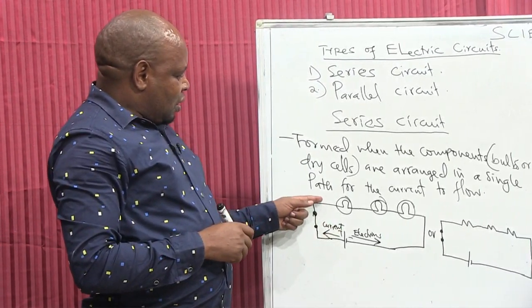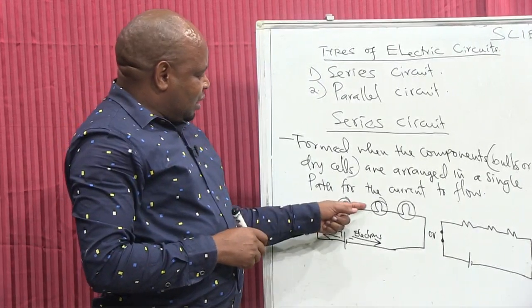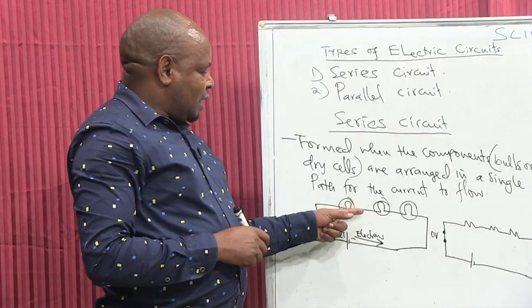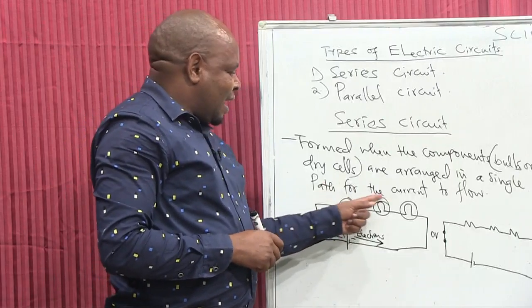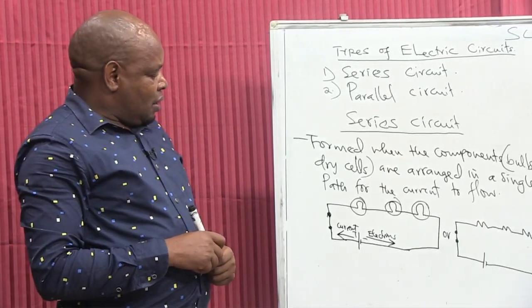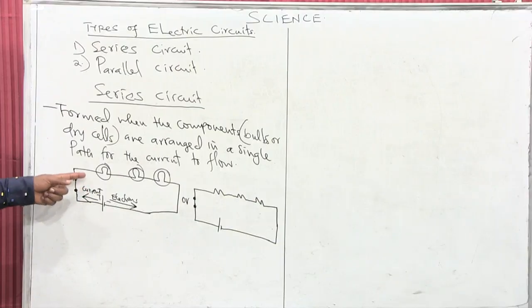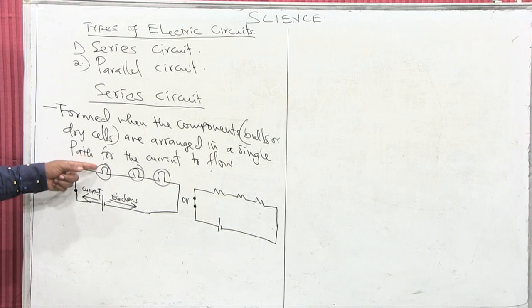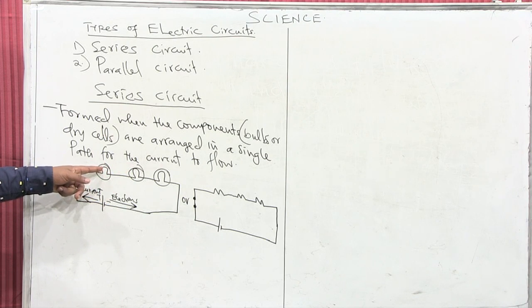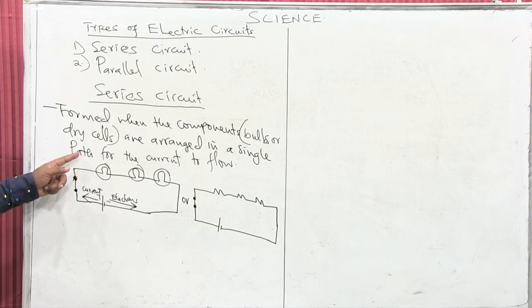So, in this type of arrangement, which is a series circuit, where the bulbs are arranged in series, the current will be passing through one bulb after another. The flow is in a single path.